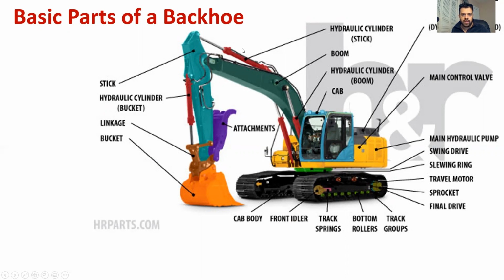One is for the bucket, one is for the stick, and there is this one, which is also for the stick. Okay, so the operator is actually working with these cylinders plus the rotation control and also the bucket control.